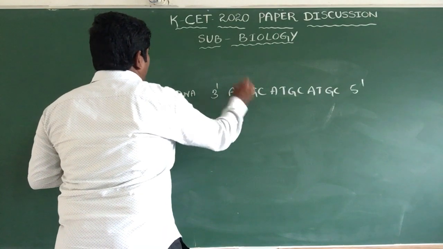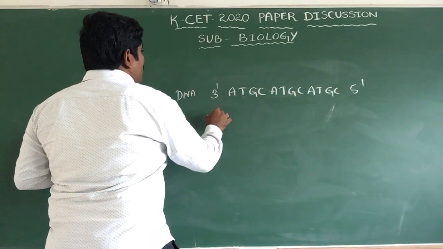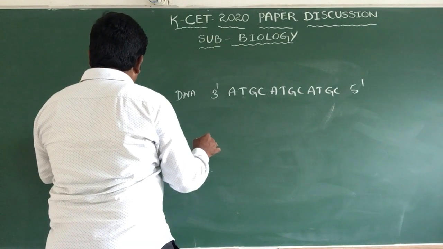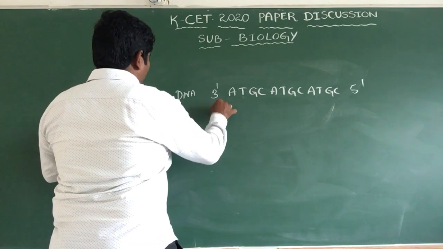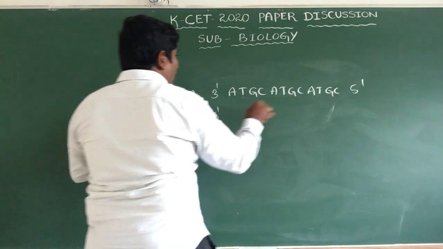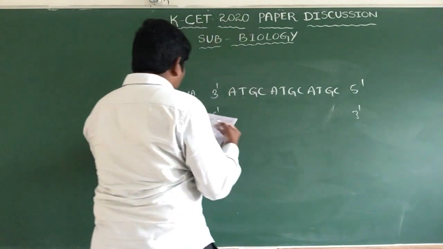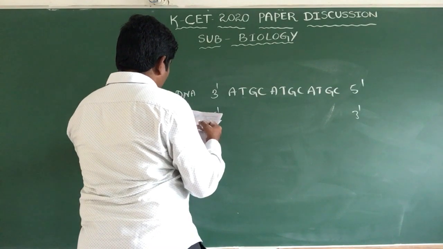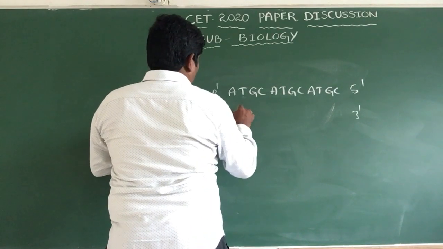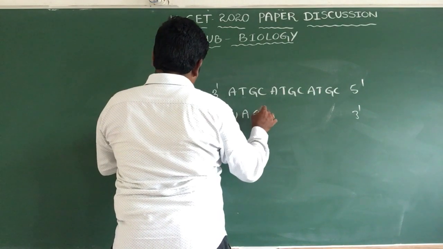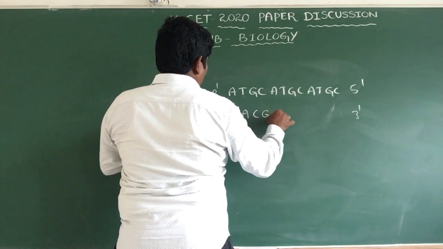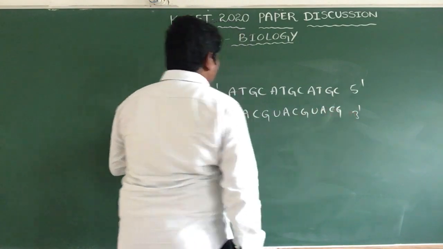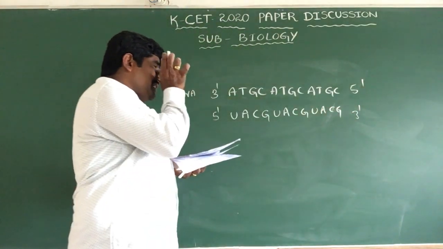So what we have to write, from 5' to 3', is UACG. UACG will be the answer.